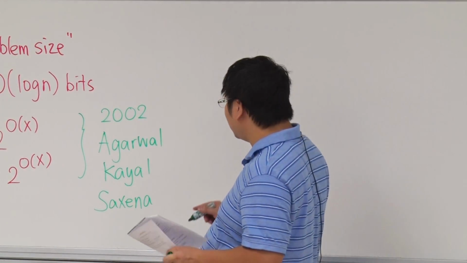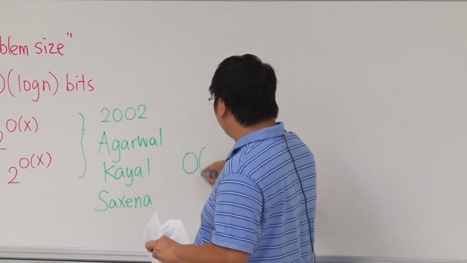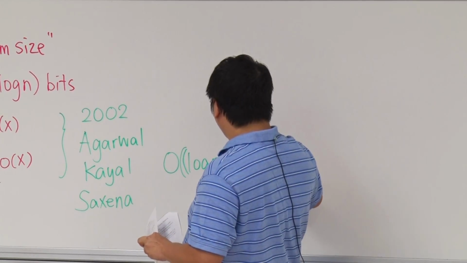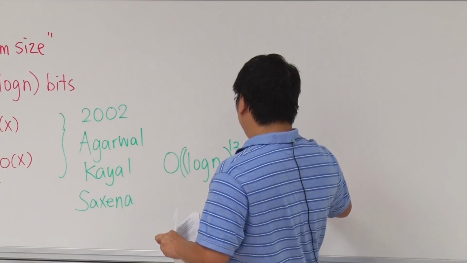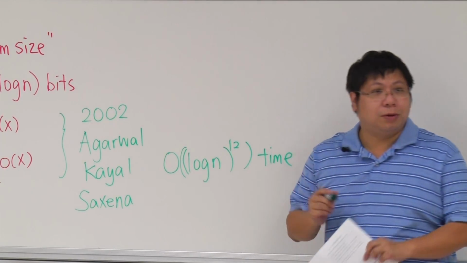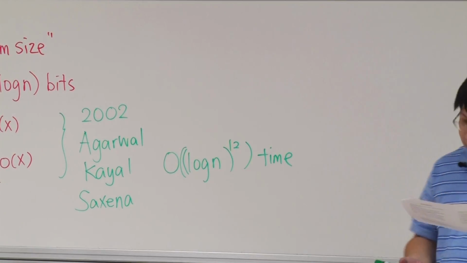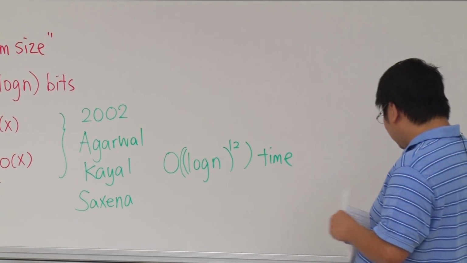How much time does it take? The algorithm takes order of log n to the power 12, and this is polynomial.